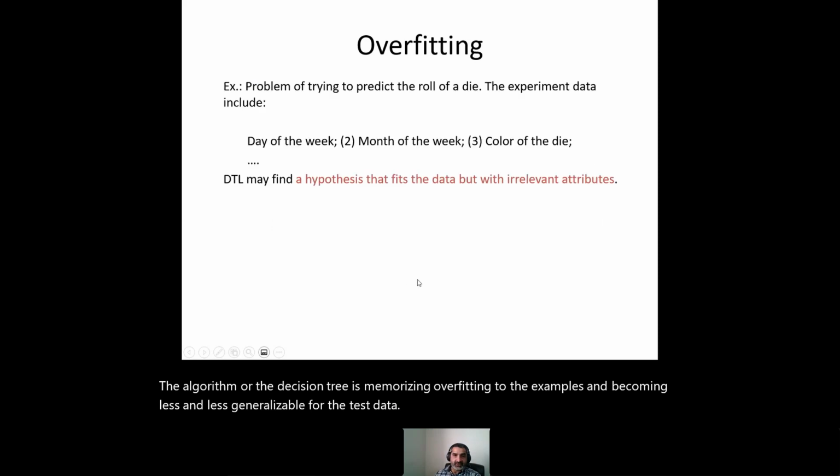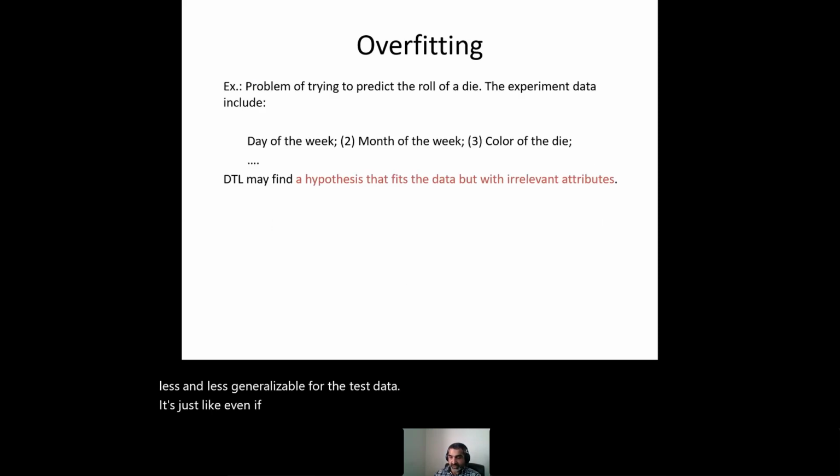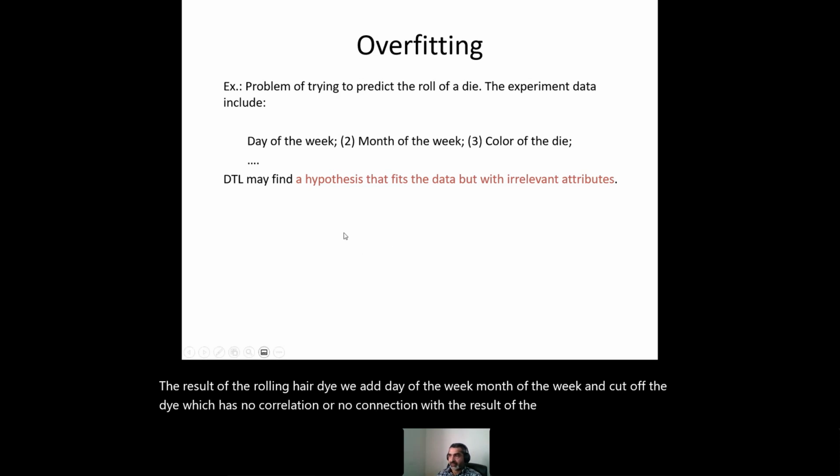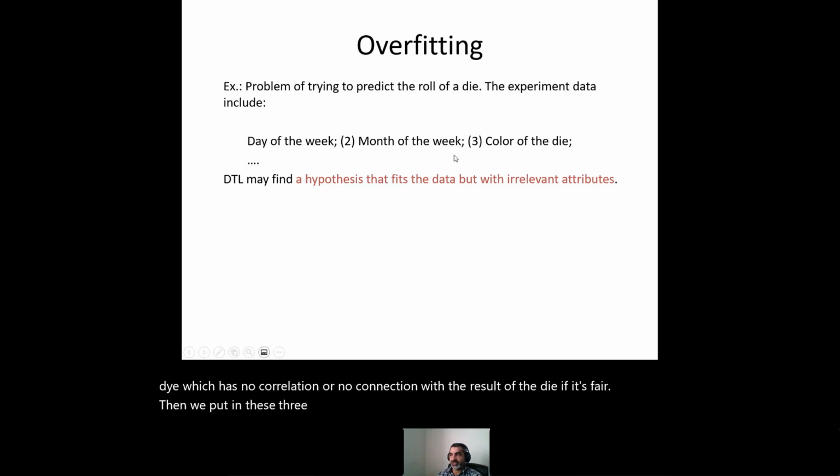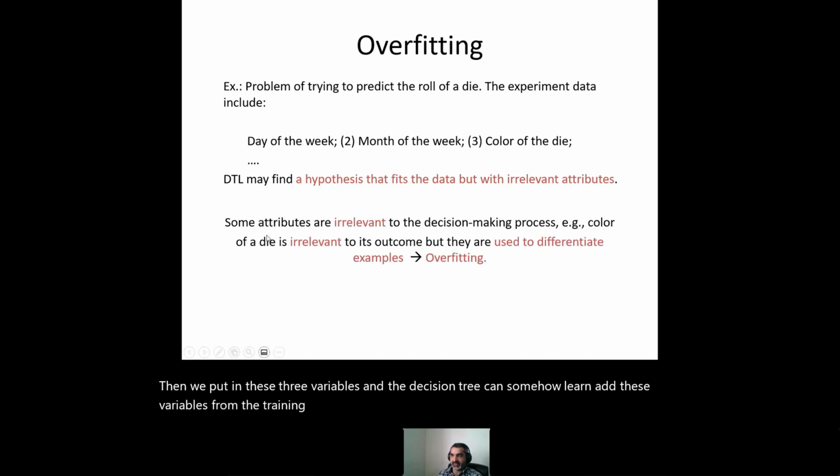It's just like, even if we add some random attributes, for example here, to predict the result of rolling a die, we add day of the week, month of the week, and color of the die, which have no correlation or connection with the result of the die, if it's fair. If we put in these three variables, the decision tree can learn from these variables in the training examples and get misled.